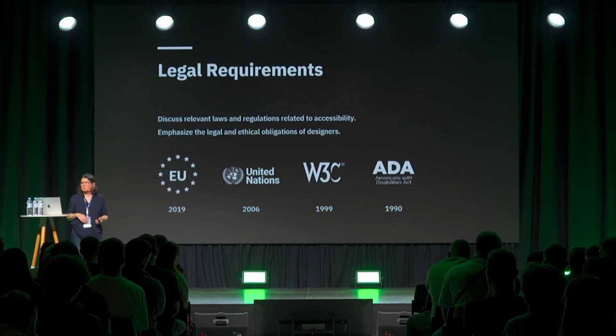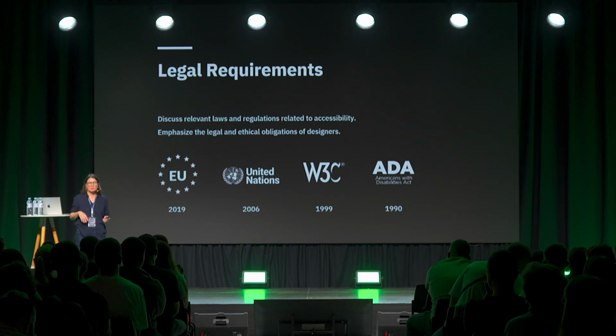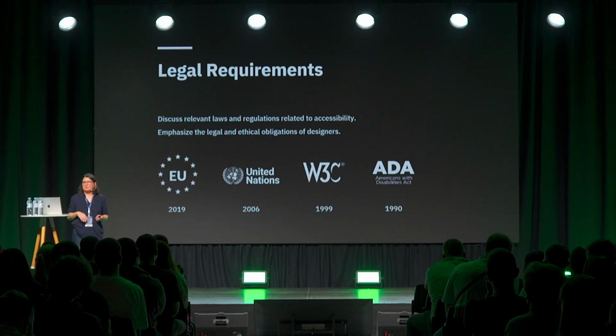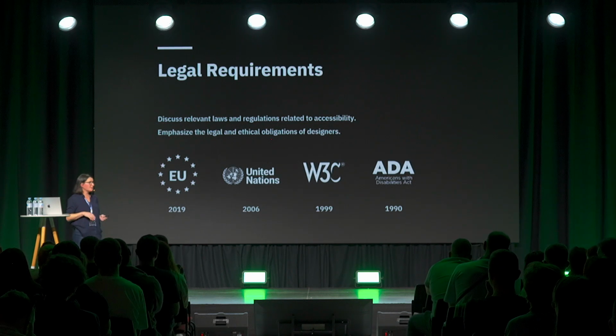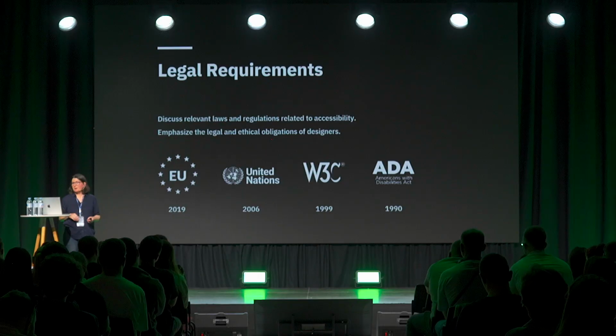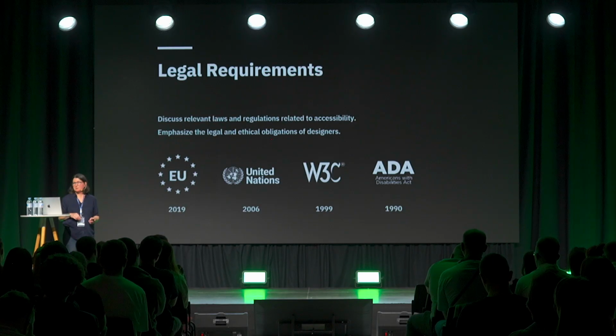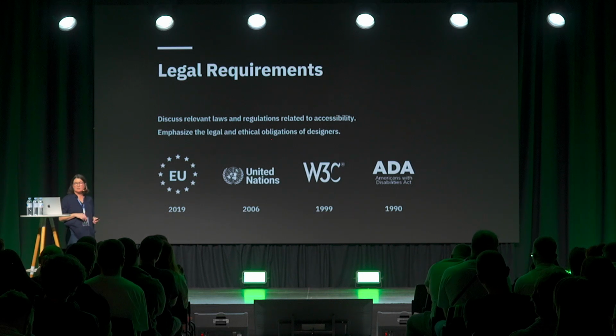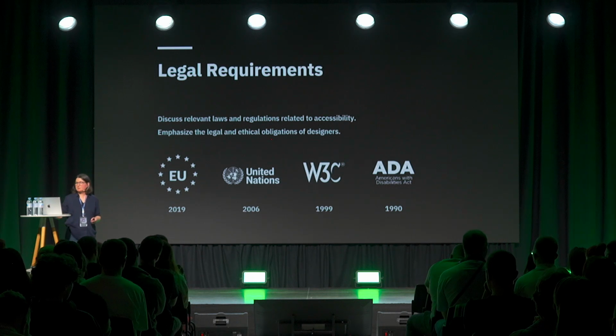Now you might be wondering, why is accessibility for UX more than just nice to have? That's because there are legal requirements in place. Laws like the European Accessibility Act that started in 2019, and the United Nations Convention on the Rights of Persons with Disabilities, I think that started in 2006, and the Web Content Accessibility Guidelines started in 1999.